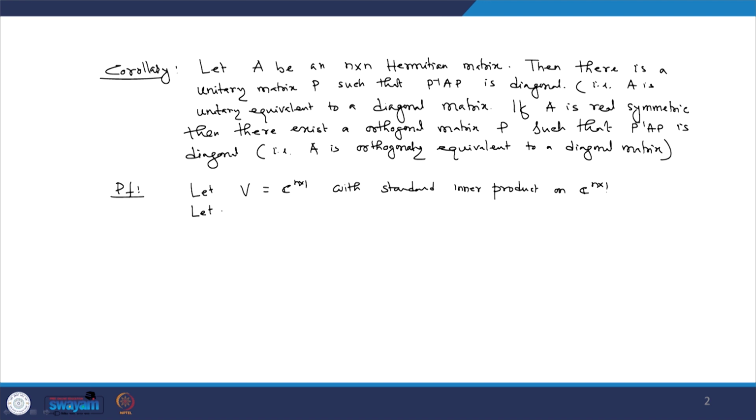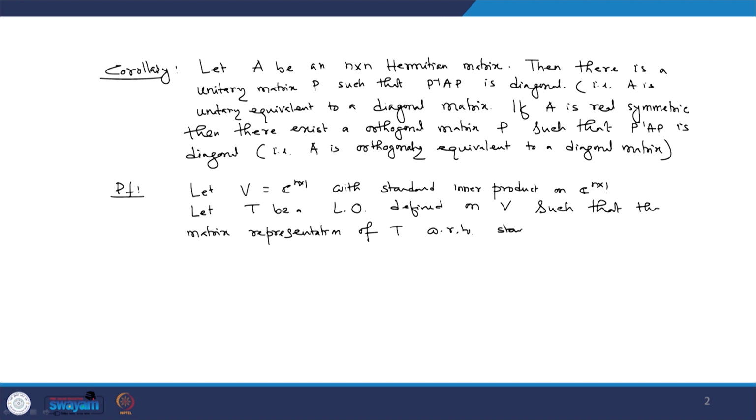Let T be a linear operator defined on V such that the matrix representation of T with respect to the standard basis for V is capital A. So, this implies that T is a mapping from V to V, which maps x to Ax.